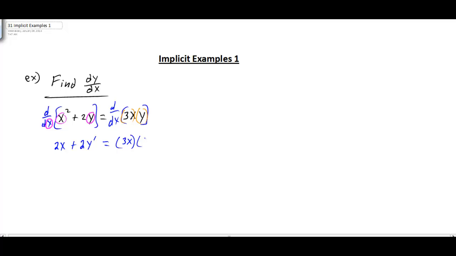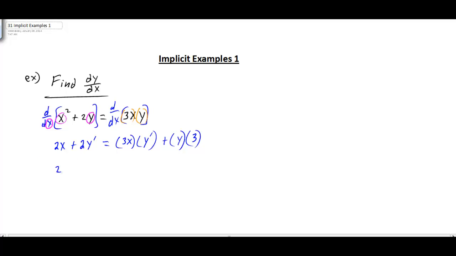So your derivative would be 1 y prime, or simply y prime. And then the product rule says we want to add the second part, which is y, multiplied by the derivative of 3x, which is 3. So remember, we have to remember all of those differentiation techniques we've learned. Here we have to use the product rule because we have 3x times y.